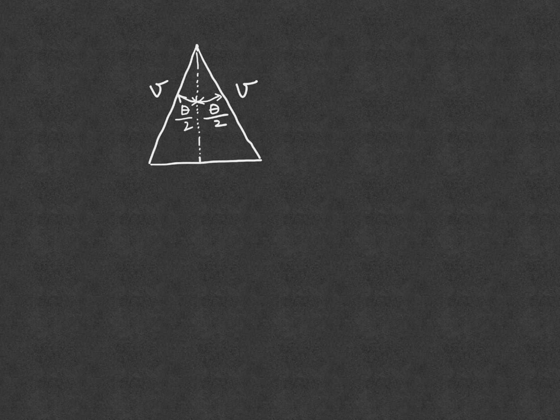And because this bisector splits the side with the delta V in half, each one of these pieces of that side has magnitude delta V over 2, where delta V is equal to the magnitude of delta VI.